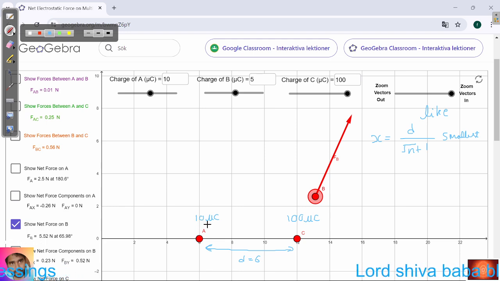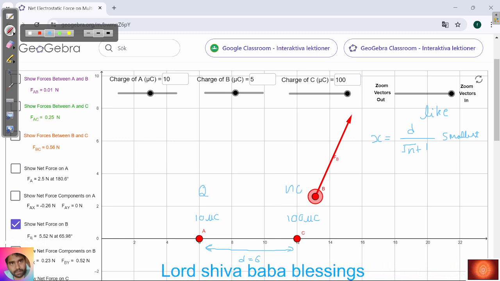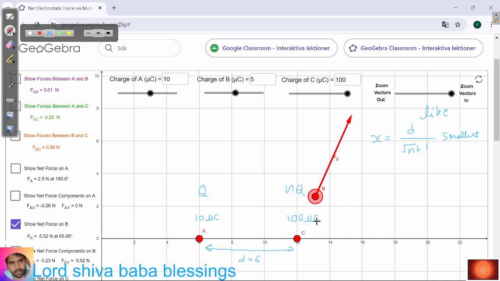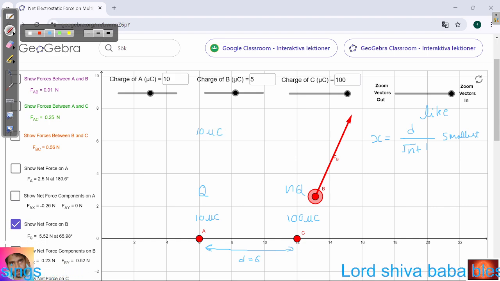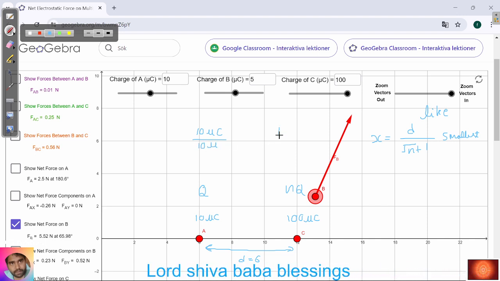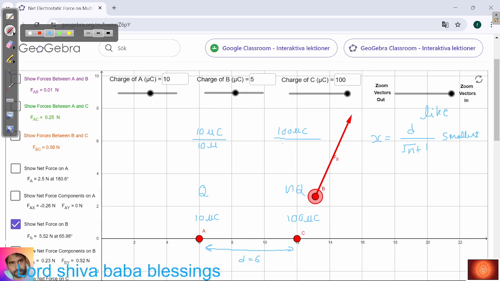Now both of them have to be made in such a way that one is q and the other is n into q. This is 10 microcoulomb and this is 100 microcoulomb. So I can divide this by 10 micro, and at the other end, 100 microcoulomb, let me divide this also by 10 micro.